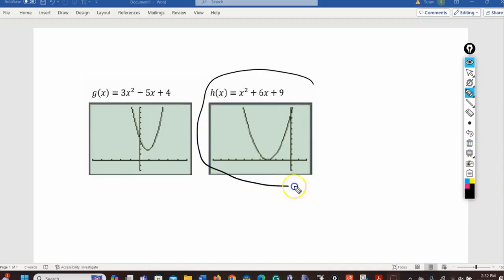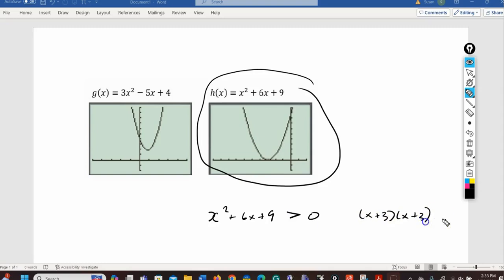Let's look at this one now. What if we had that? And this is the same thing. What if we had that? Okay. What is this asking us? This is asking us, where is the graph strictly above the x-axis?